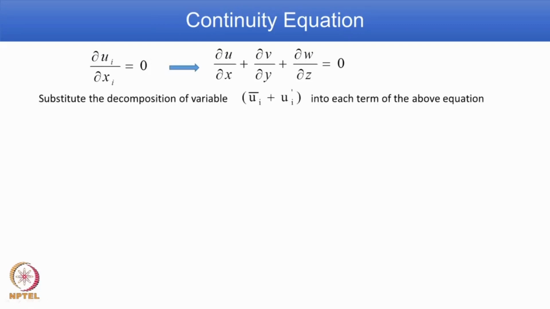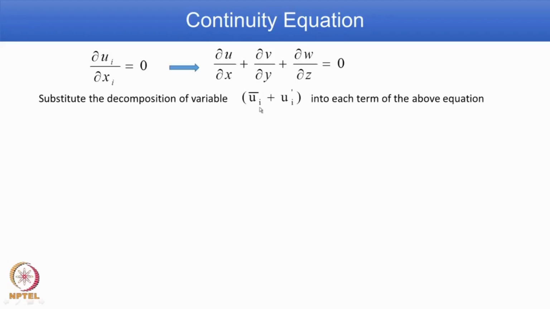Now, we substitute the decomposition. We already learned the flow variable instantaneous quantity can be written as a summation of mean plus deviation from the mean. For example, the instantaneous quantity u is written as a sum of mean u bar plus deviation from the mean u prime.